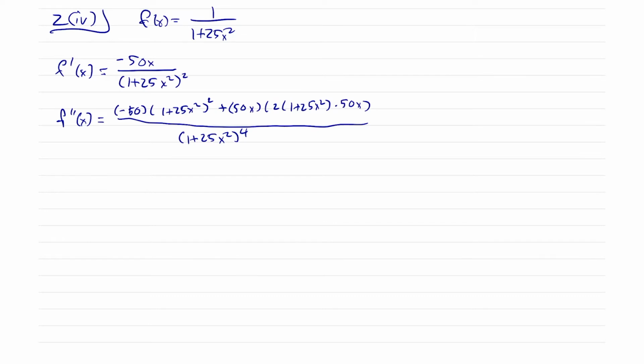Let's see. I can pull out a 50, just 50, to keep things simple. So pulling out a 50, what do we have? We have 1 plus 25x squared, which is going to give me, say, 1 plus 50x squared plus 625x to the fourth.